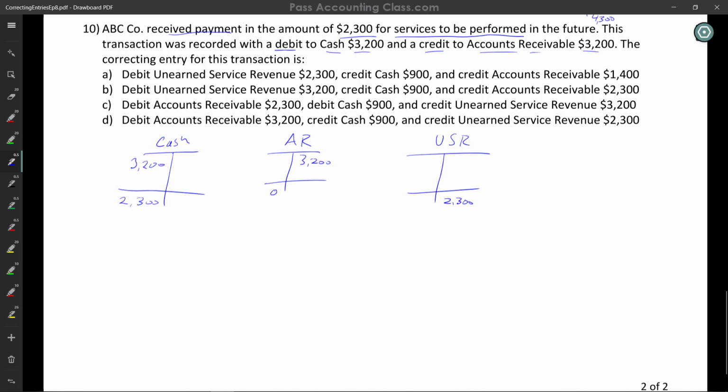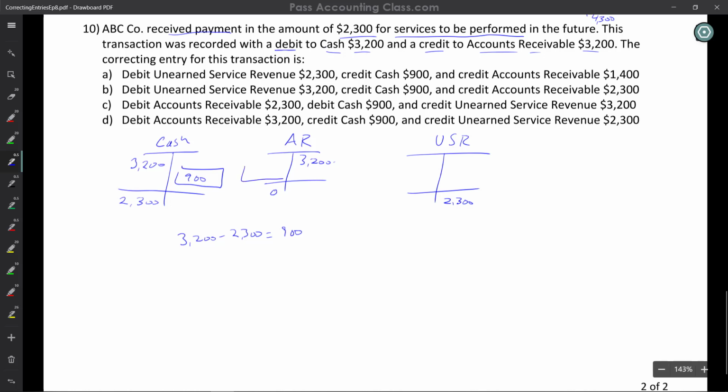And so now what we need to do is figure out how to get from point A to point B. So point A here with cash, $3,200 debit to a $2,300 debit. Well, we're going to take $3,200 less $2,300, and that's going to give me $900. So I need to credit cash for $900. For accounts receivable, I have a $3,200 credit and I need a 0 balance.